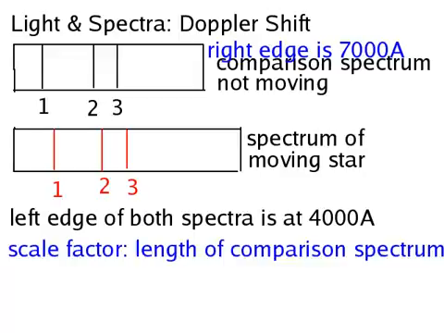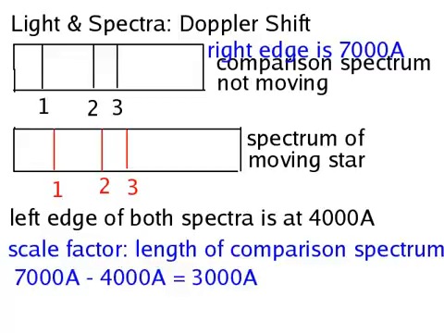That would be the right edge minus the left edge: 7,000 angstrom minus 4,000 angstrom. So that's 3,000 angstroms, the angstrom value of the length of the top spectrum.